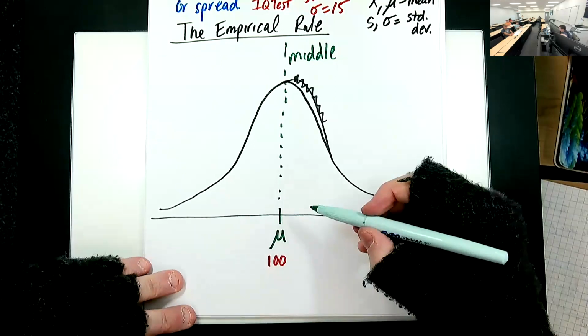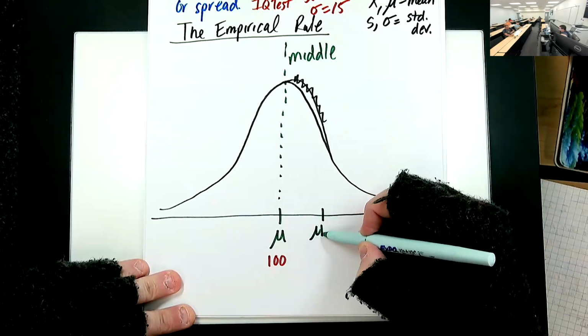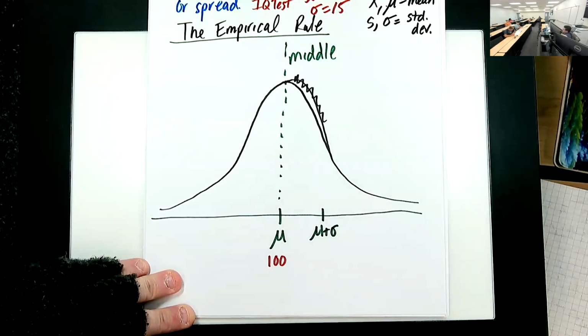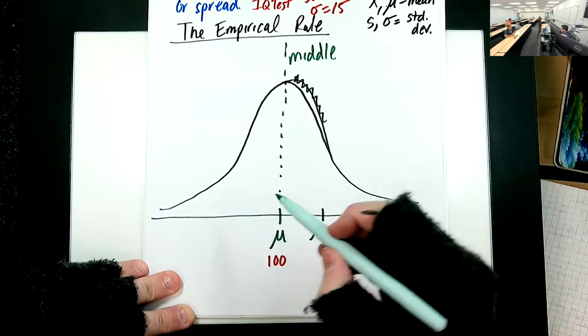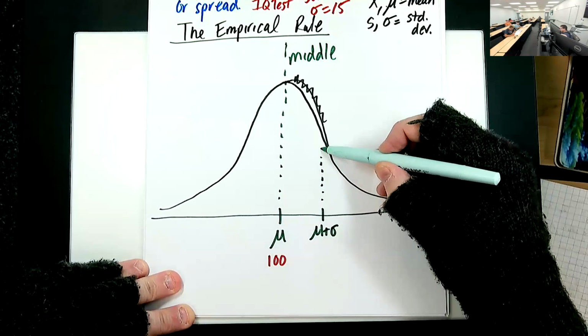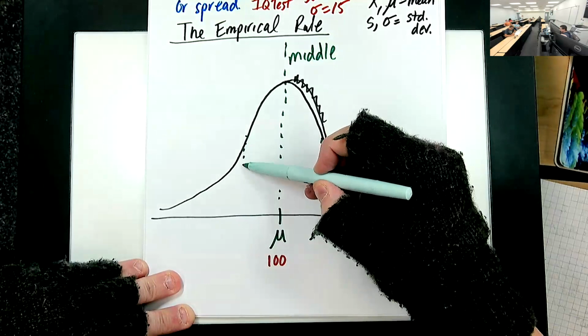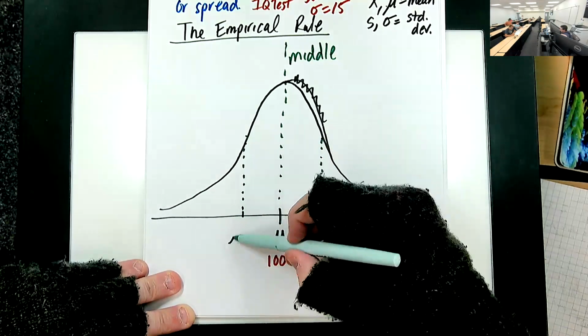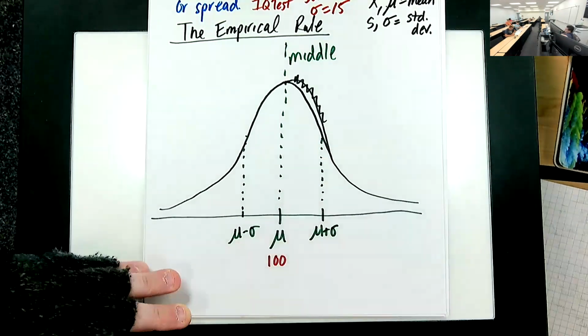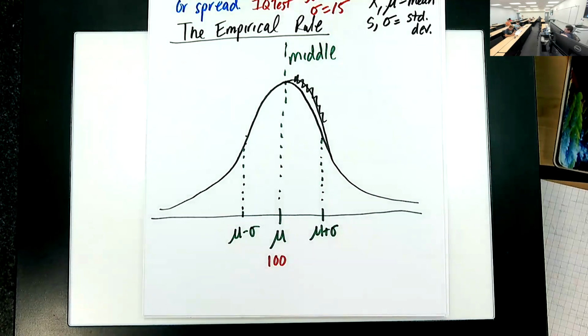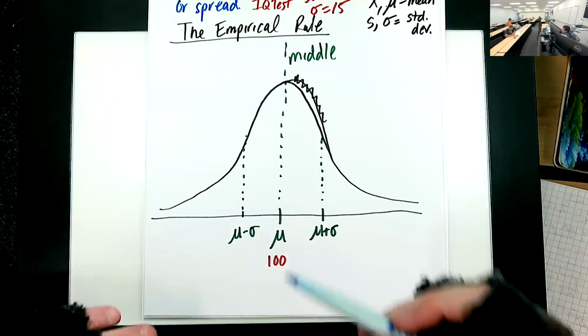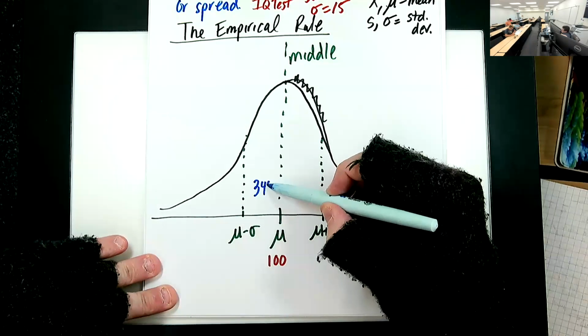If I go 1 standard deviation this way, by adding 1 standard deviation to that value, and I go 1 standard deviation to the left by subtracting 1, each of these covers 34% of the population.